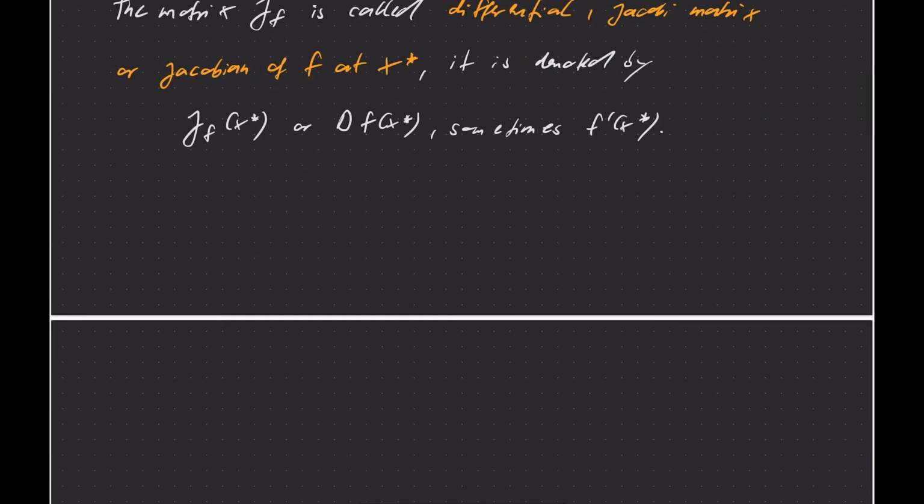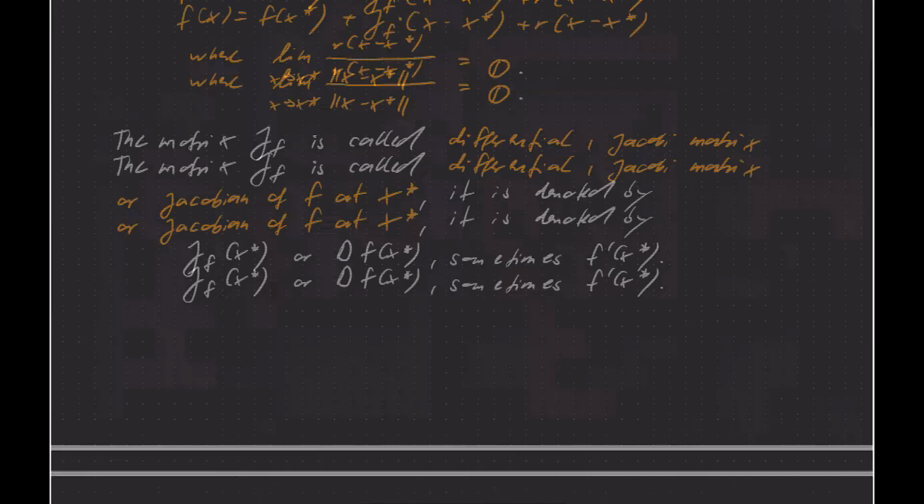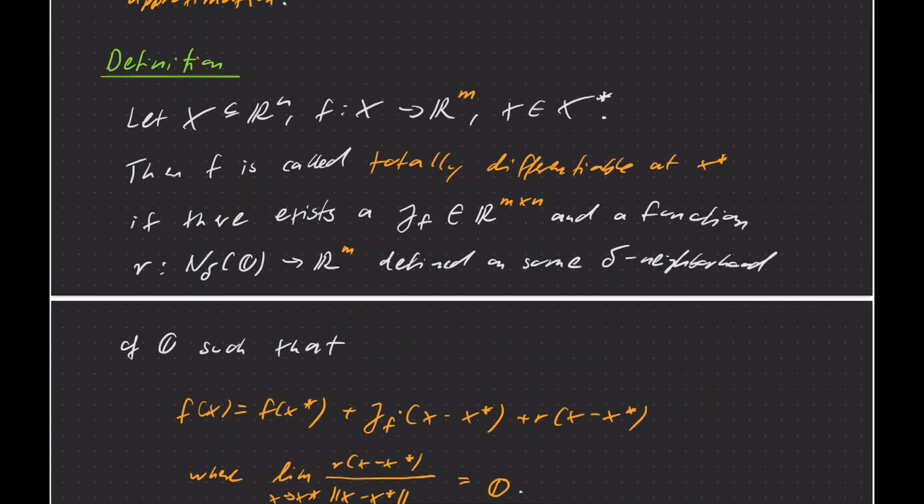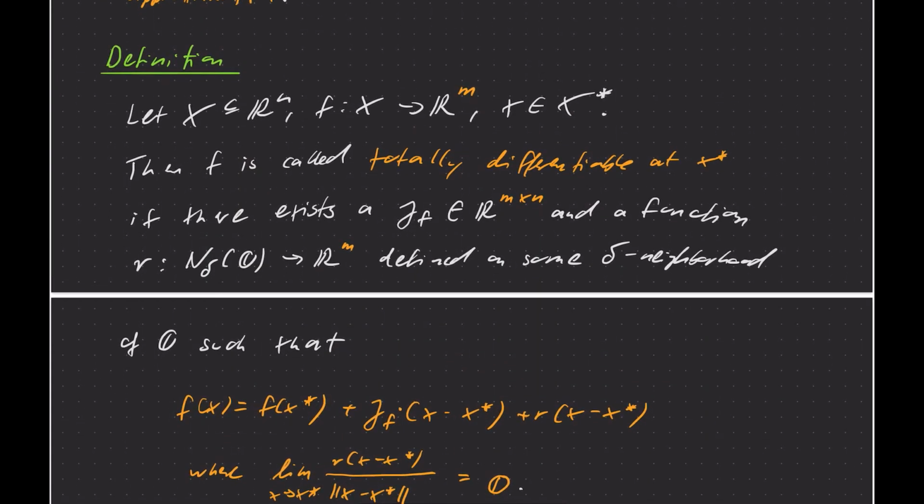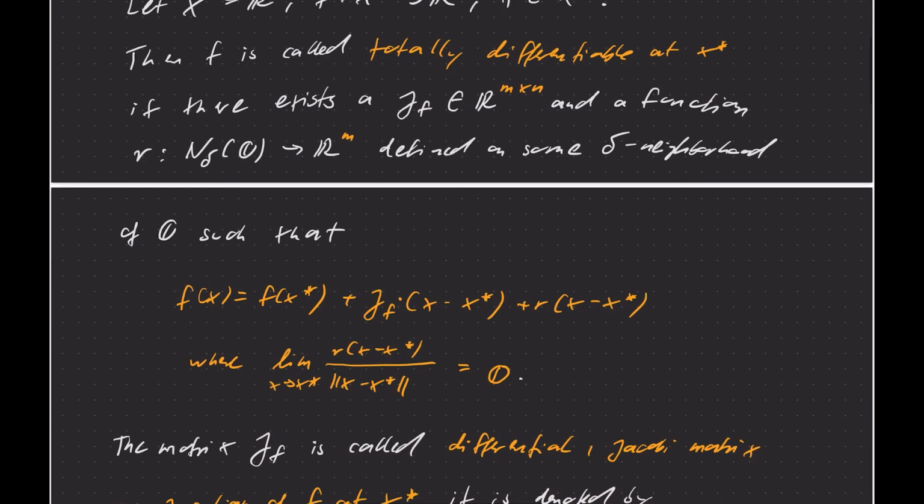Okay, so that's a straightforward extension. I need to mention one thing here. I already mentioned that in one of the last videos. To be consistent with this definition, it is important that, of course, the case m equals 1 is included here. If m equals 1, then we're back to the real valued case, and you remember in the real valued case, we just took a vector for that Jf.